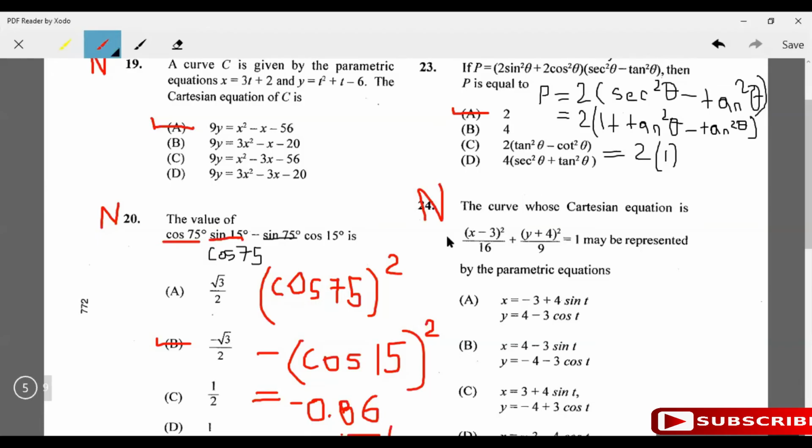It says the curve whose Cartesian equation is x minus 3 all square over 16 plus y plus 4 all square over 9 is equal to 1. Find the parametric equation. So usually they give you the parametric and ask you for the Cartesian. Now they give you the Cartesian and ask you for the parametric. So this is how we do that question.